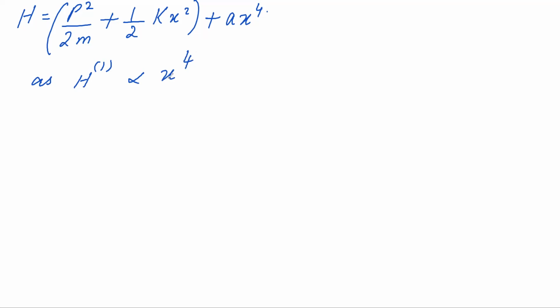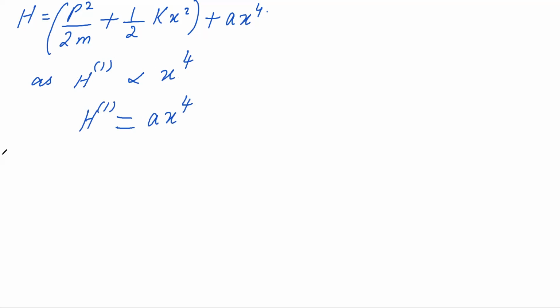So if we represent the displacement by x, then the fourth power will be x raised to 4, and H superscript 1 is proportional to x raised to 4. And this means that we can then add a constant here and change this into an equal sign. So we can write this as a x raised to 4.